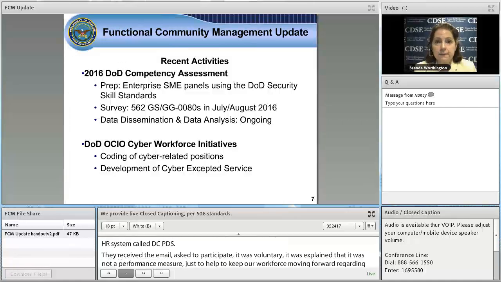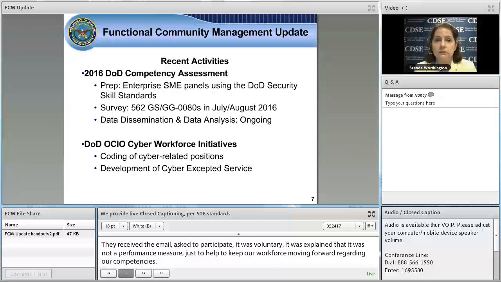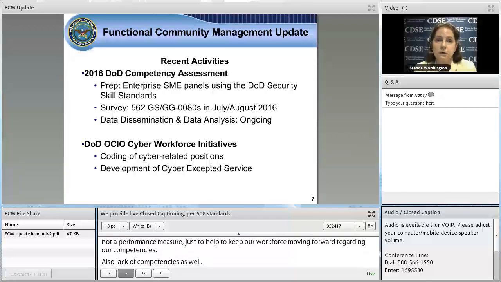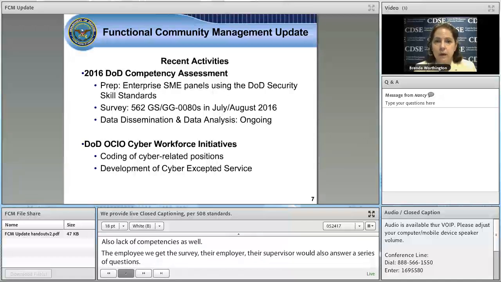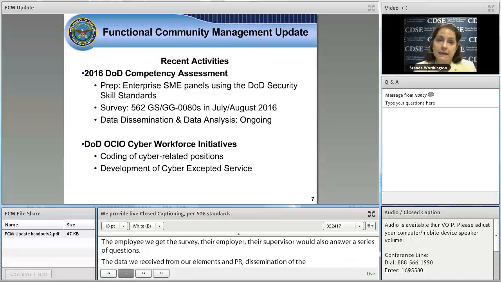The employee would get the survey, and then their supervisor would also answer a series of questions. That data we received from our elements in P&R. The dissemination of that data I have posted to my Mill Suite website, which you have a link for later in the presentation, and we're also working through the data analysis now.